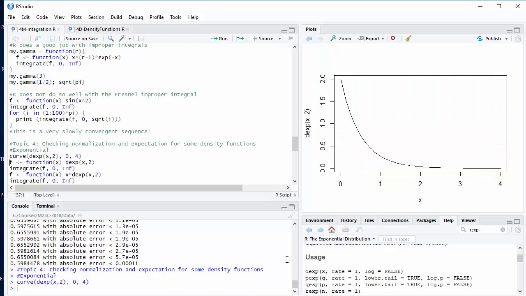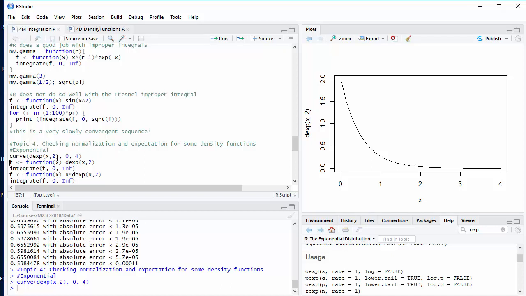Finally, let me show you how to use the integration function in R to check that certain density functions are normalized and to evaluate their expectations. We will start with the exponential function, and the density function is dexp.